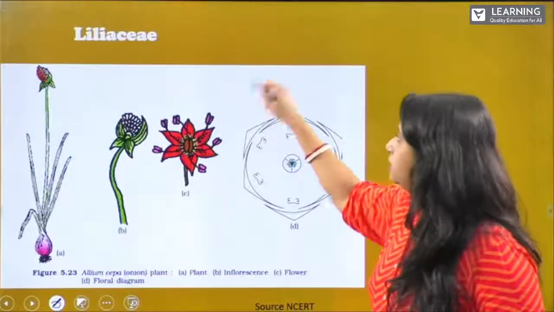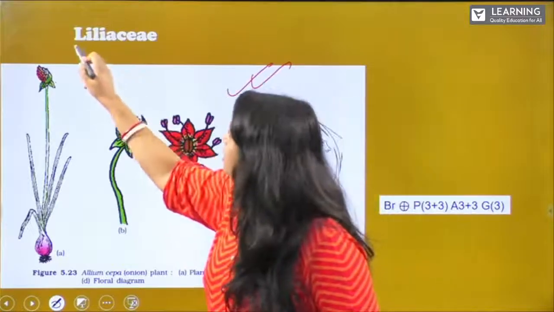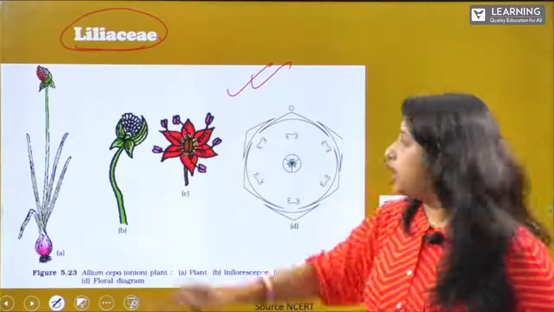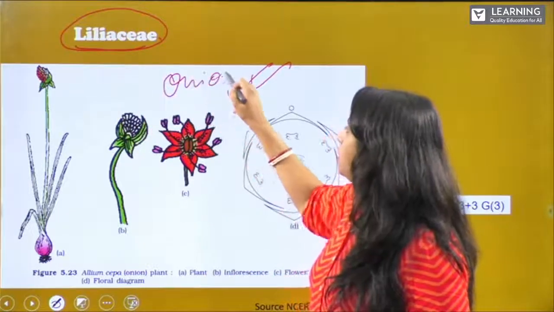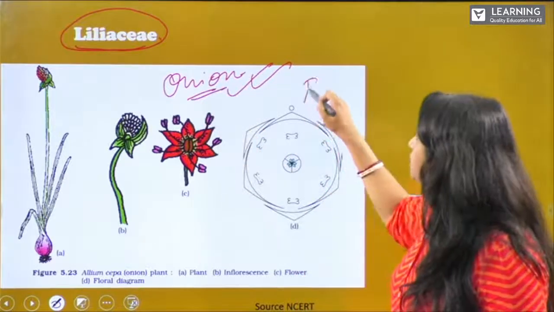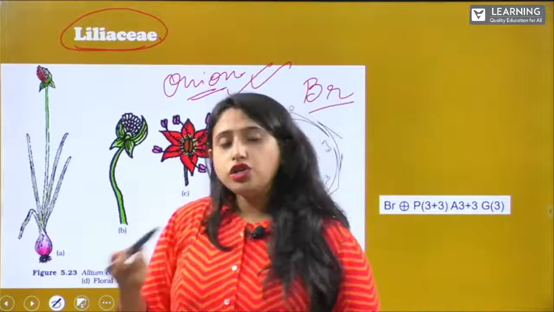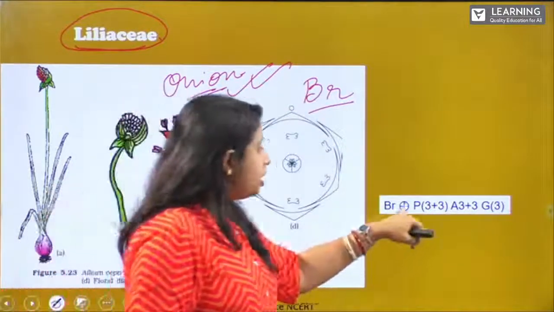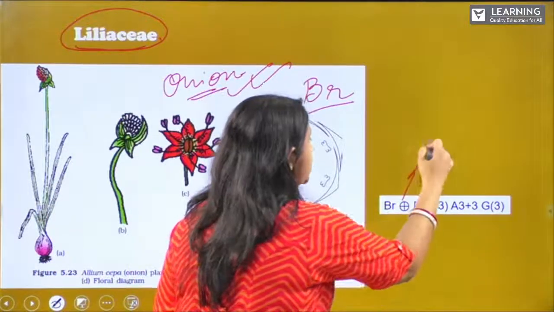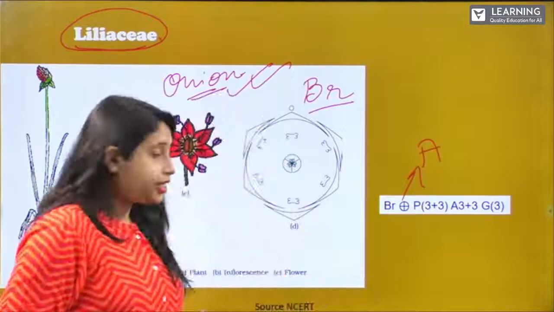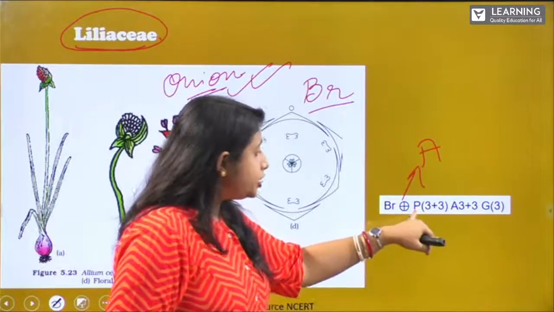Next, another, you will be having this Liliaceae, okay? Here the onion will come. Here you will find this bract in onion, which is represented as Br. So you can write down the formula as Br. Then this represents your actinomorphic flower, right? So I can find this perianth.